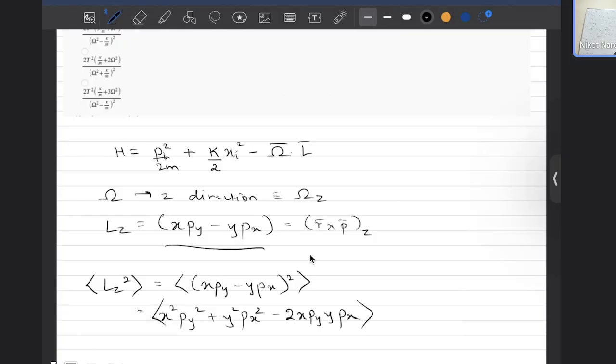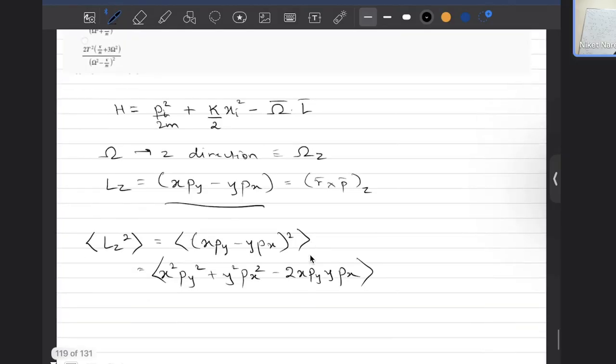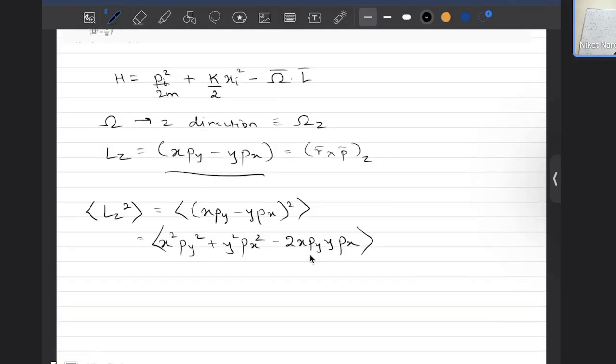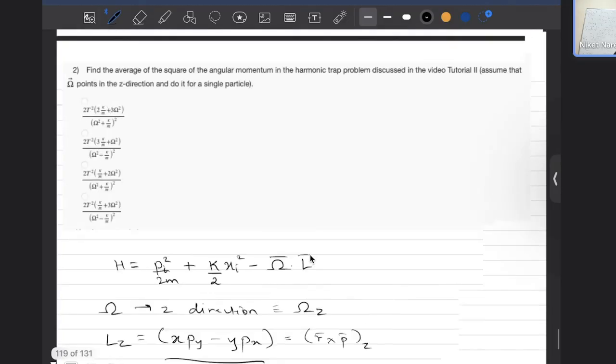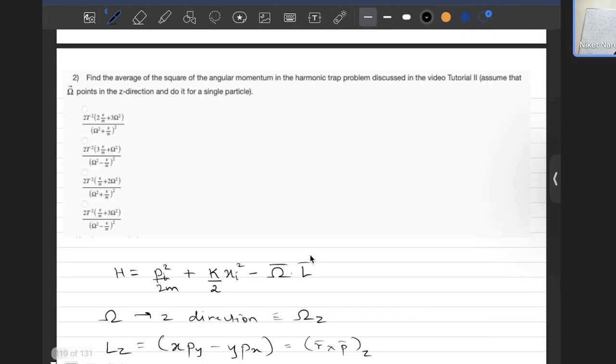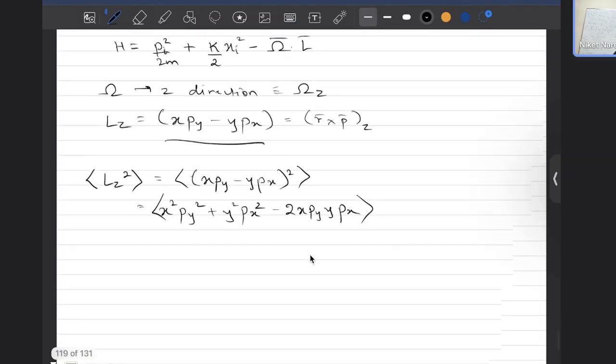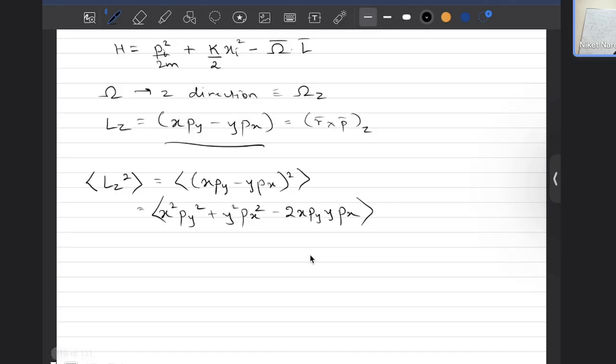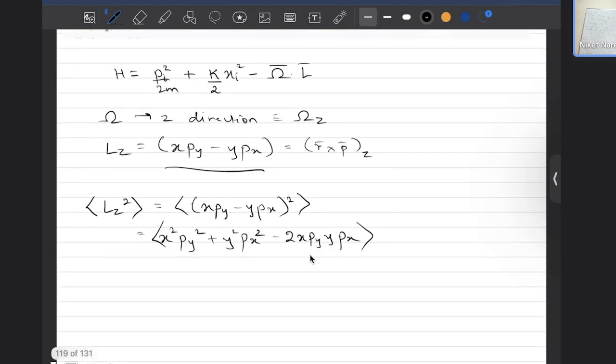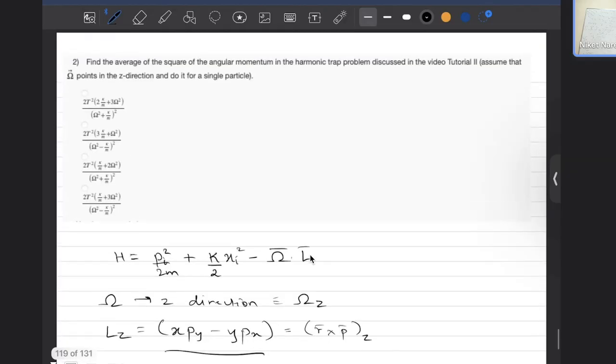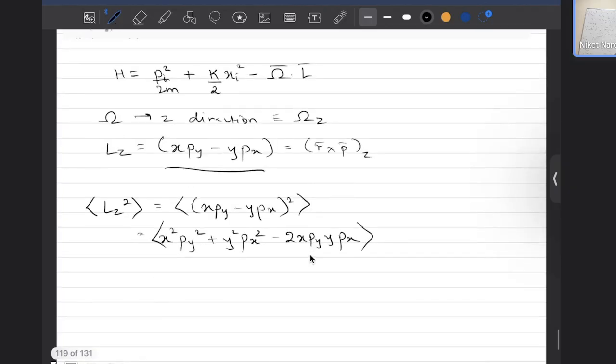The average of this is what we want to calculate, right? So how do we calculate an average of this form? All right, let me check the question again. The average of the square of the angular momentum of the harmonic trap. Right, yeah, this has to be it. Okay, so now let's see that omega points in the z direction, so I suppose it has to be Lz square.